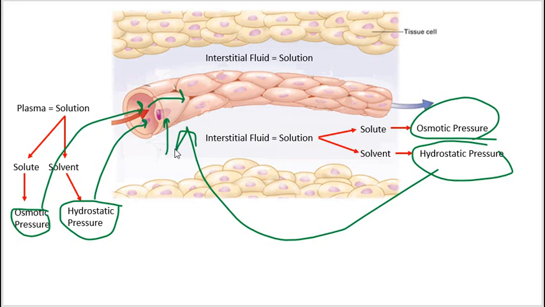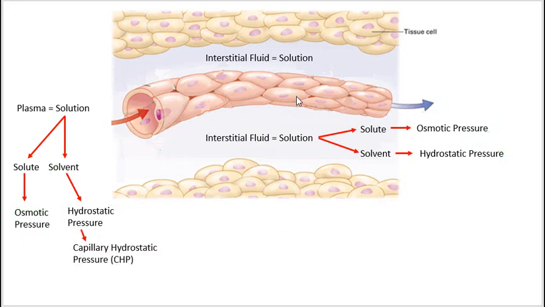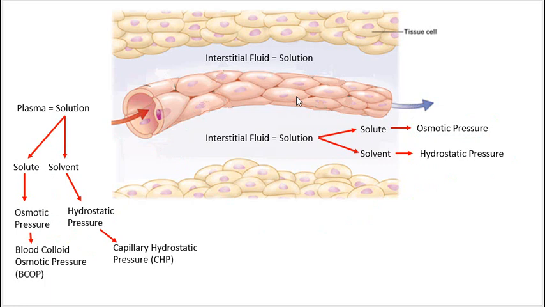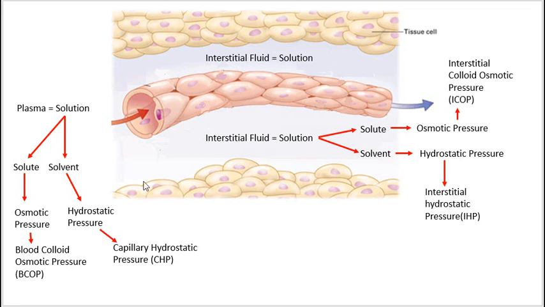Whenever the hydrostatic pressure in the interstitial fluid is less than the hydrostatic pressure in the capillary, everything is going to come out. Fluid is going to leak out. If the interstitial hydrostatic pressure is high, fluid is going to leak in. So now do you understand the basics? You have solution, solutes, solvents, osmotic pressure, and hydrostatic pressure, both in the capillaries and in the interstitial fluid.